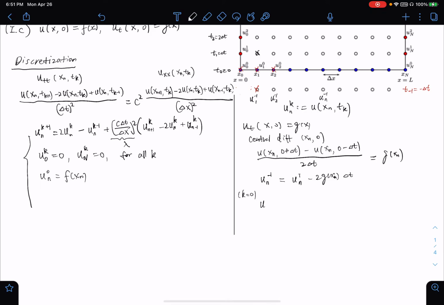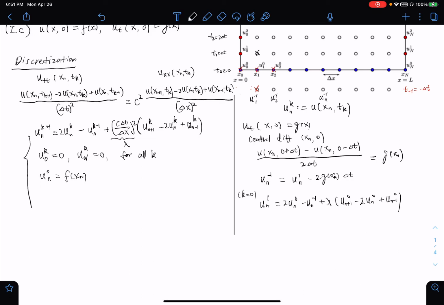Then we have u_n at 1 is equal to 2 u_n at 0 minus u_n at minus 1, plus lambda times u_(n+1) at 0 minus 2 u_n at 0 plus u_(n-1) at 0.